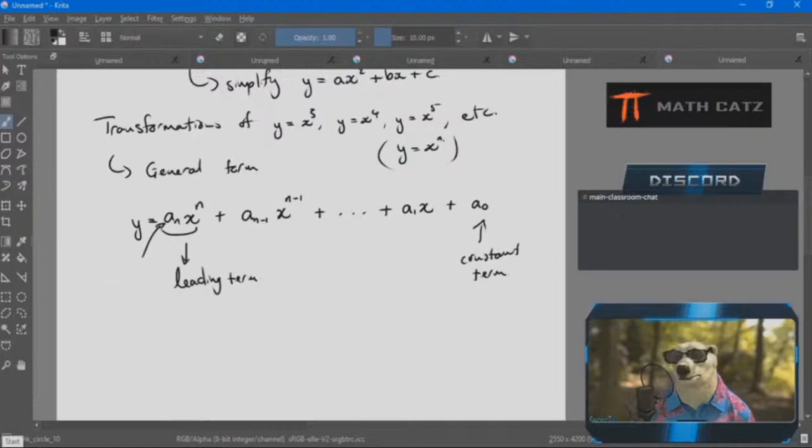The coefficient of that highest power of x is called the leading coefficient. And that's pretty much it. Oh, the degree, the highest power is called the degree.